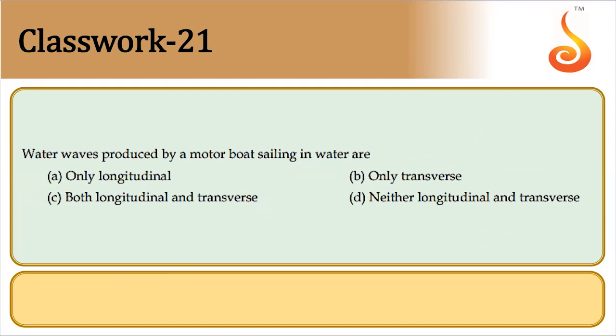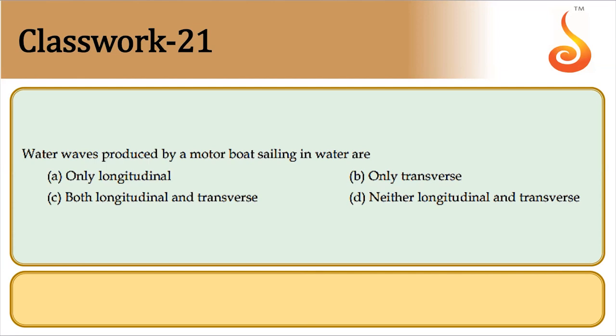Water waves produced by a motorboat sailing in water are: only longitudinal, only transverse, both longitudinal and transverse, or neither longitudinal nor transverse. See, when you come across water waves, they are always both longitudinal and transverse.